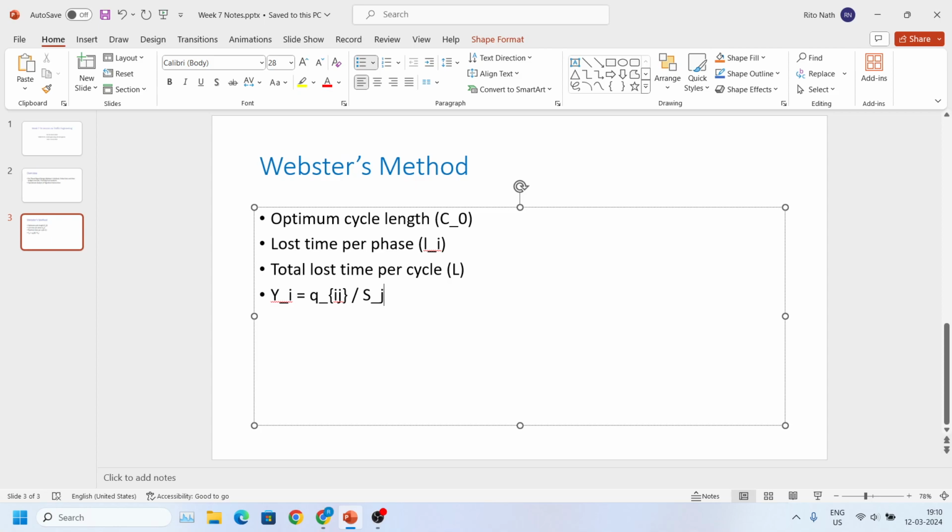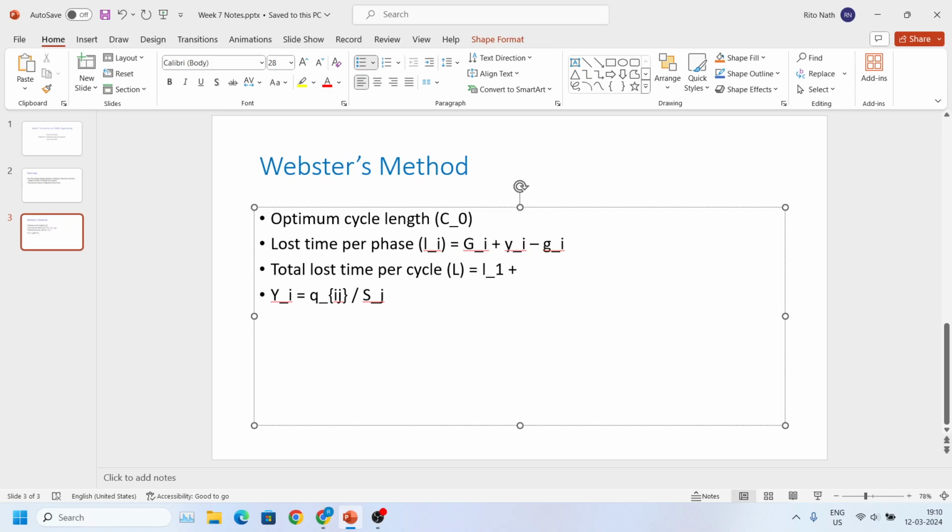And lost time per phase, which is this small li, depends on actual green time, the yellow time, and the effective green time. The formula for this is actual green time plus yellow time minus effective green time. This is for phase i, and total lost time will be the sum of all these li's.